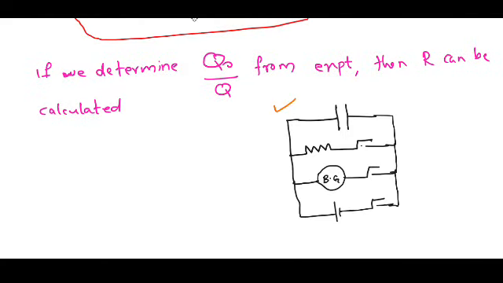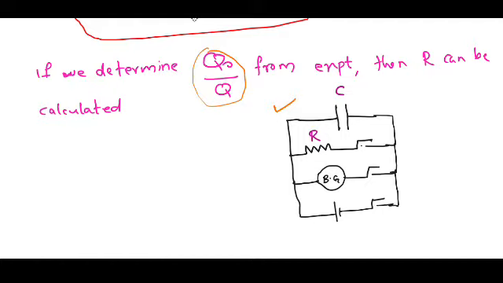This is the experimental setup that will be used to calculate the value of Q0 by Q, and this circuit consists of a capacitor C, resistor R. Here we will use three keys.